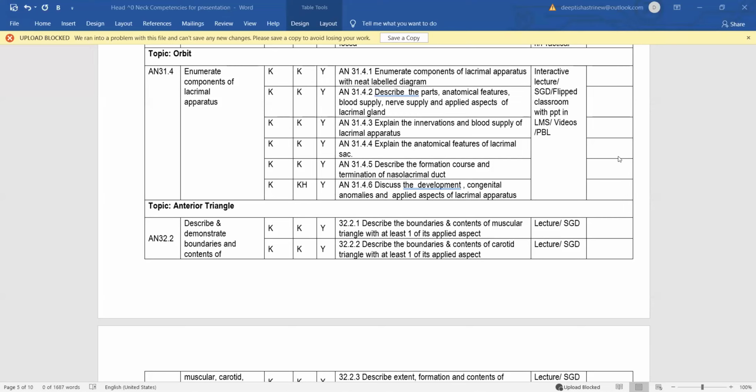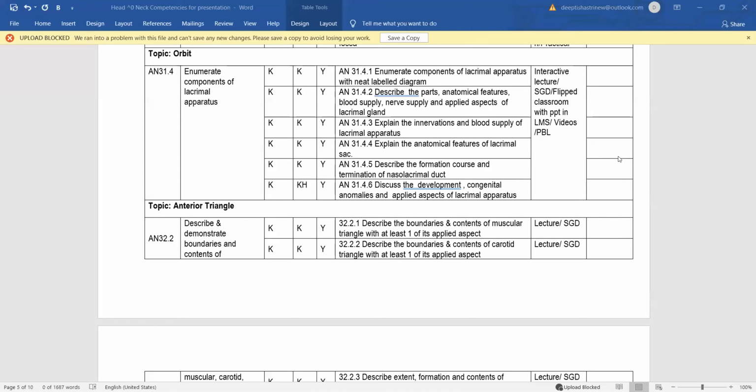Ma'am, one thing I wanted to point out for this group: in the teaching learning methods, they have mentioned flipped classroom with PPT in the learning management system, or videos, or problem-based learning. The competency appears to be a minor one where it is only enumerate.